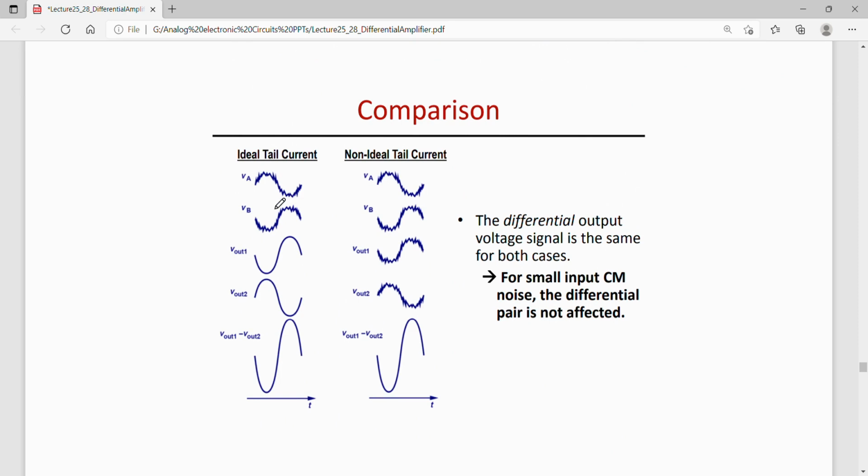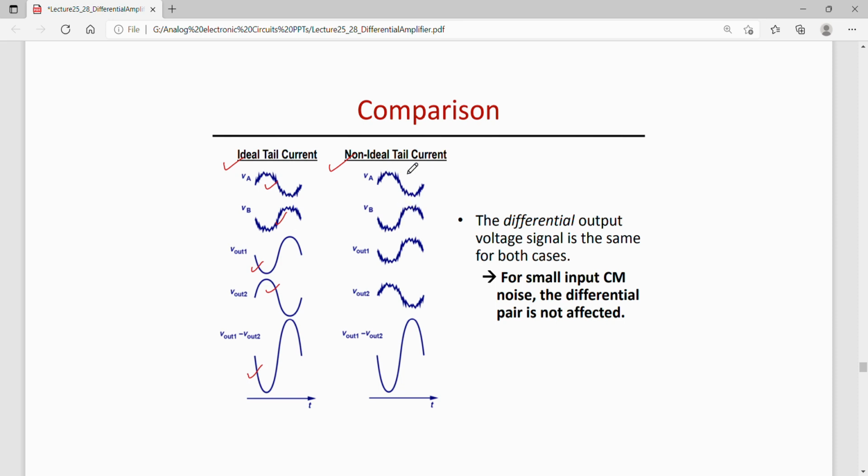So one can compare the ideal tail current with non-ideal tail current. Yes. So just now we had made a comparison that if both the inputs are corrupted, then if it is an ideal tail current, the single-ended outputs are not corrupted and the differential output is also not corrupted by noise.